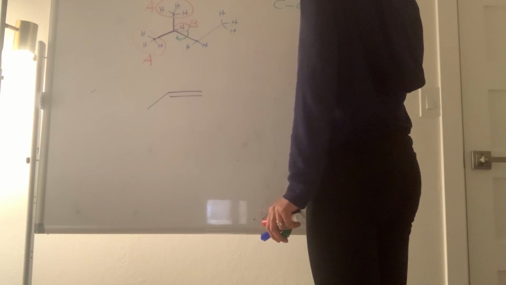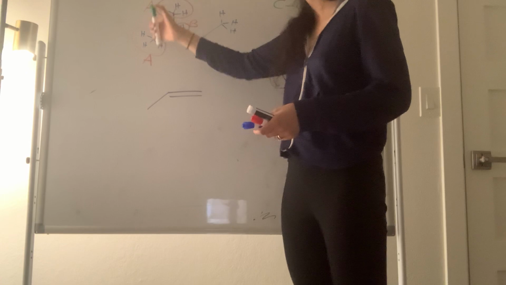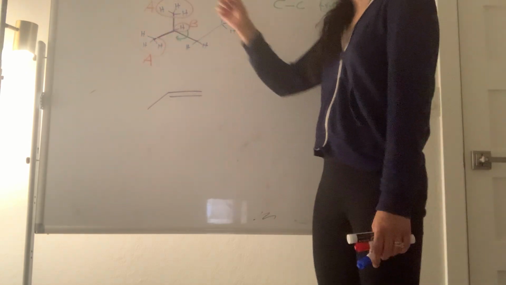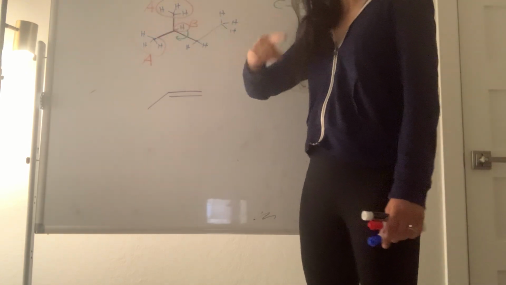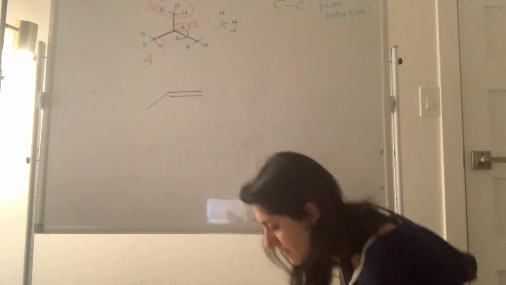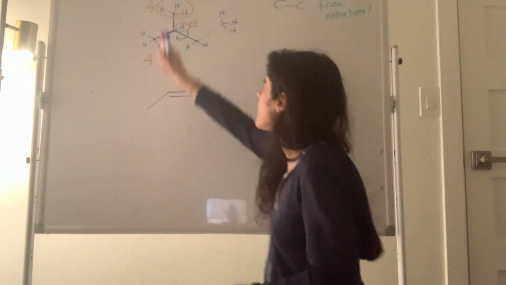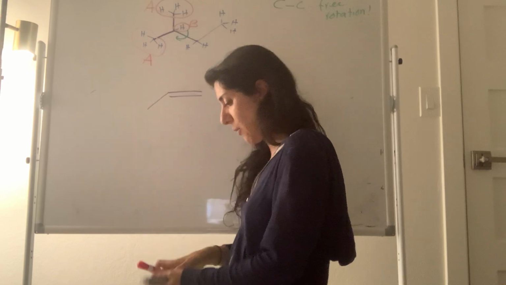They're rotating freely at room temperature. These are equivalent. They're the same. They're rotating at room temperature all the time, and they have the same neighbors. You guys are good so far? Beautiful.